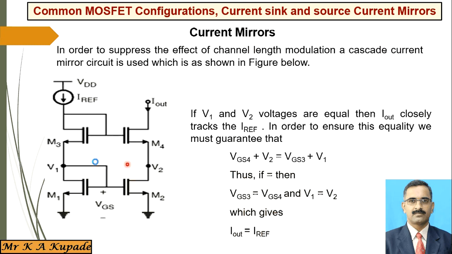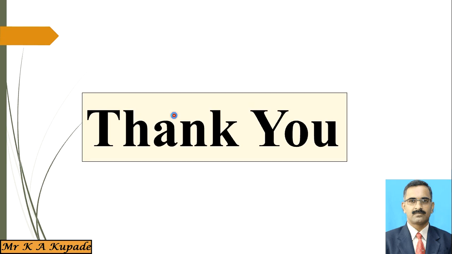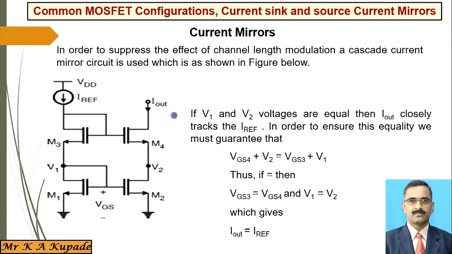And if they are the same for M3 and M4, and V1 and V2 are again equal for M2 and M1, then obviously I reference and I out are the same. They give the same current. That's why it is called a mirror, a current mirror.